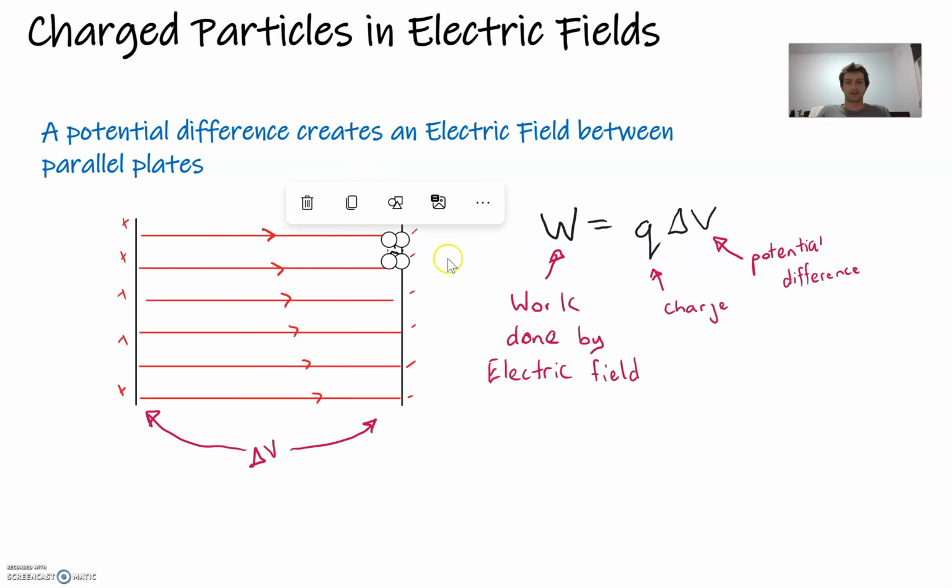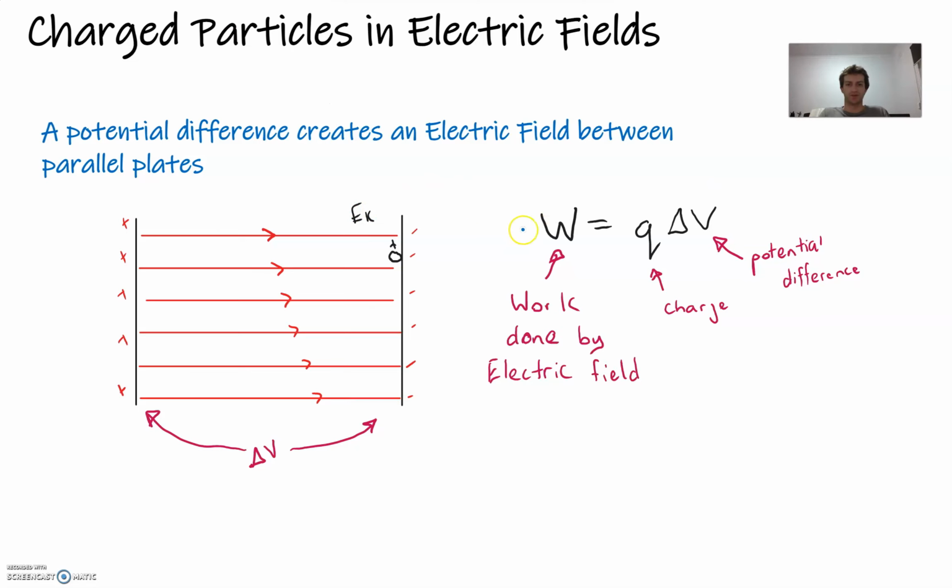Again, to calculate the kinetic energy that it would gain, we would use the work done by the electric field, because the work done by the field is going to tell us the energy the charged particle will be gaining or losing. So we're always using this formula here to work out how much energy the particle is going to get, and we'll translate that to the kinetic energy that it will have.